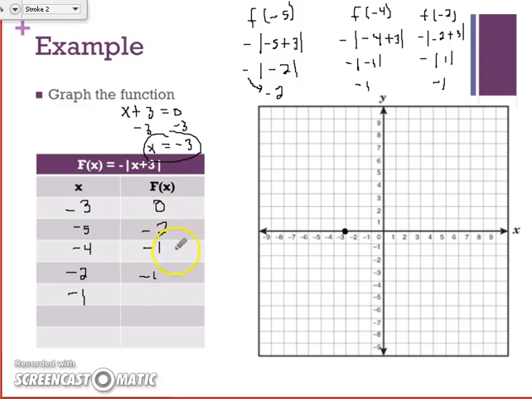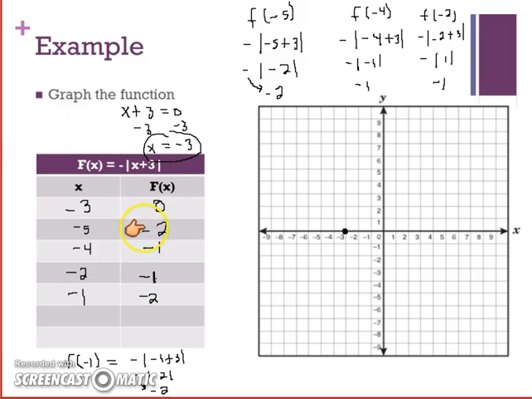And then finally putting in our last number of negative 1. So if we have f of negative 1 equaling negative, and then negative 1 plus 3, we have a positive 2 inside our absolute value. The absolute value of a positive 2 is 2, but that negative is on the outside, so it still equals a negative 2.